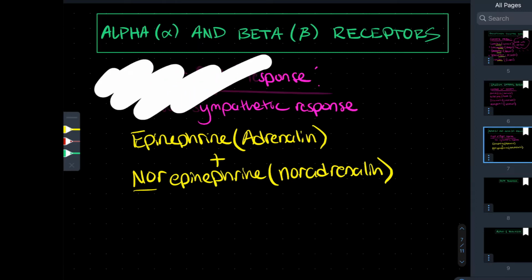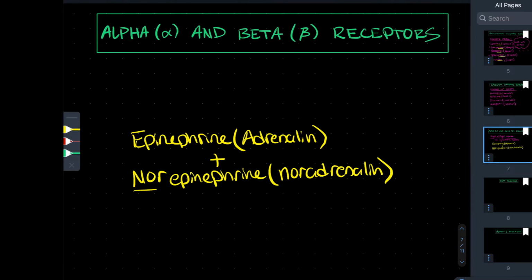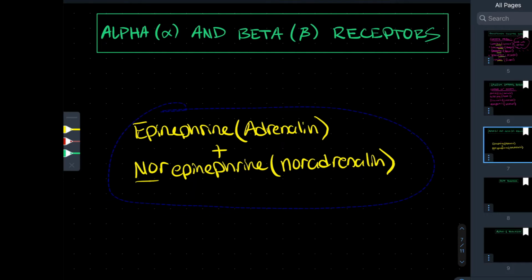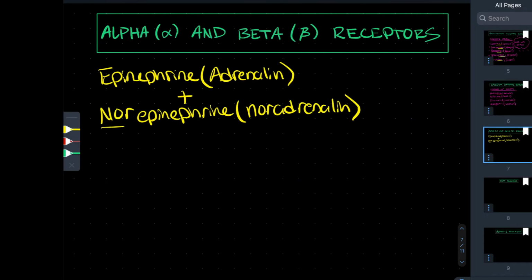So now that we have that out of the way, it's epinephrine and norepinephrine. But like I said, it's not going to act the same way in all parts of your body. Even though there are just two chemicals doing all this work, depending on the receptor it binds to, it will create a different response.